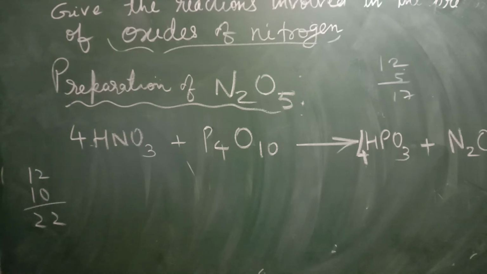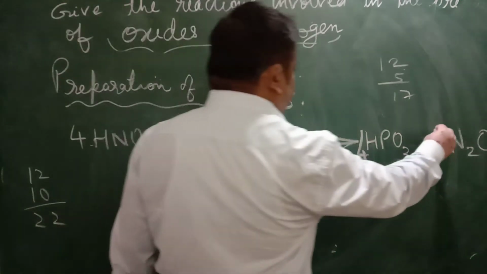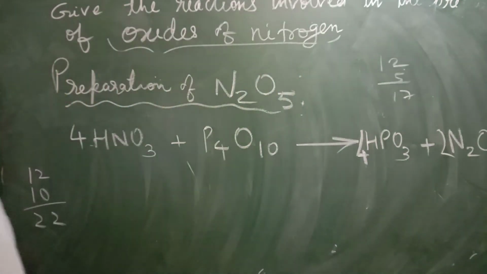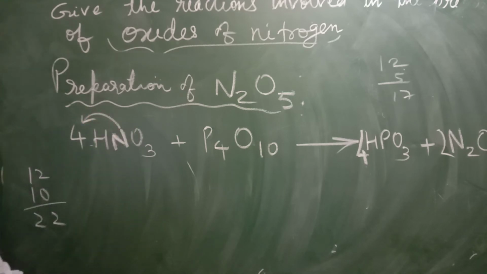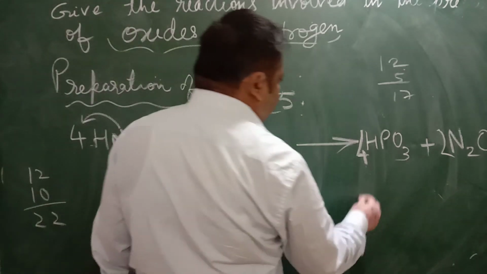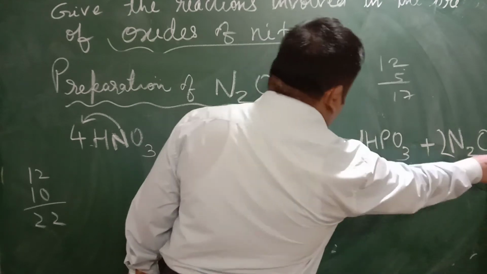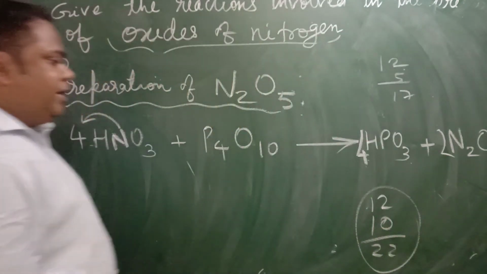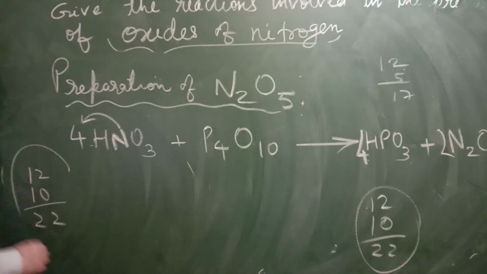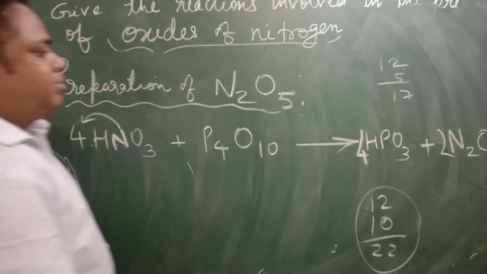Now if I make it 2, because here nitrogen is 4, then 12 plus 10, 22. The rest all atoms are balanced. So again this reaction is also balanced.